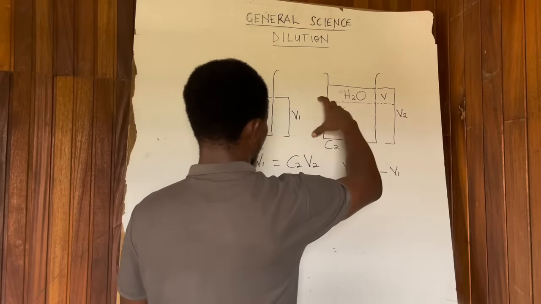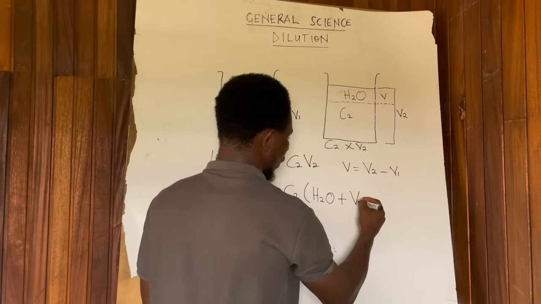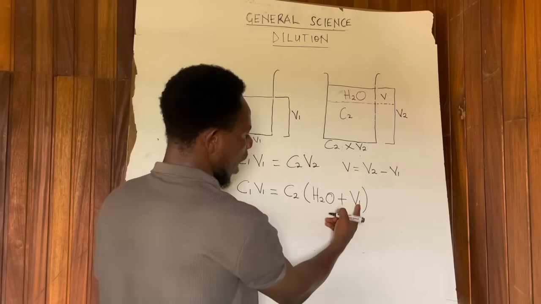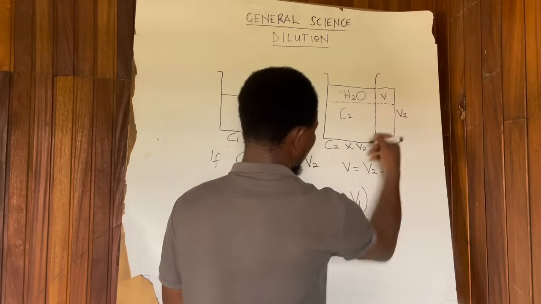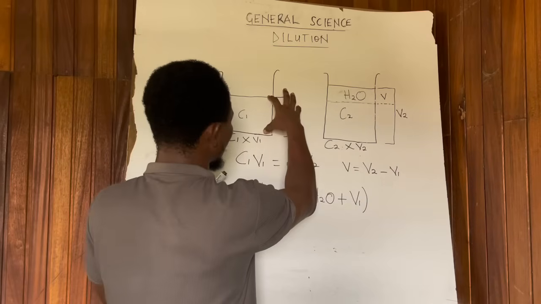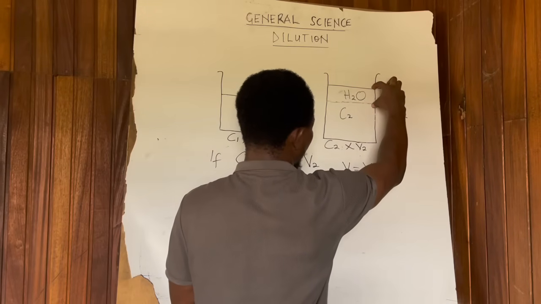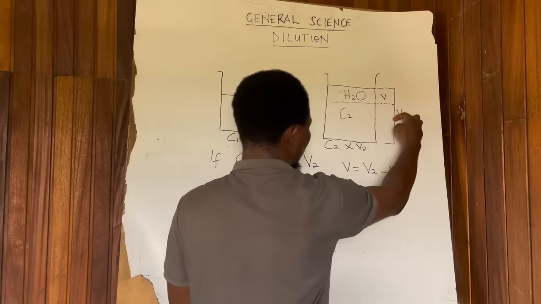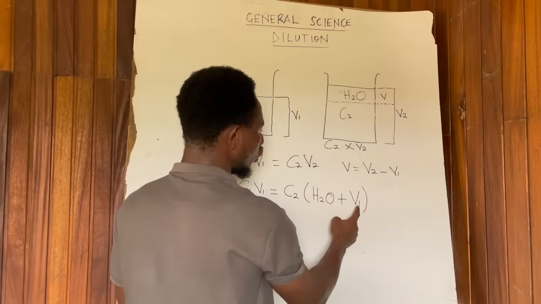And this portion is my volume 1, V1. Now this means my volume 1 plus my water will give me my final volume, which is V2. So H2O plus volume 1.